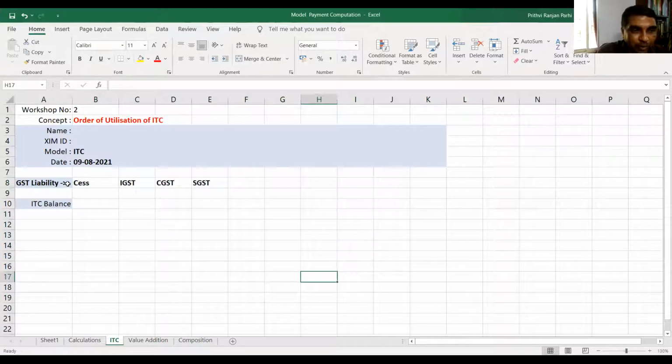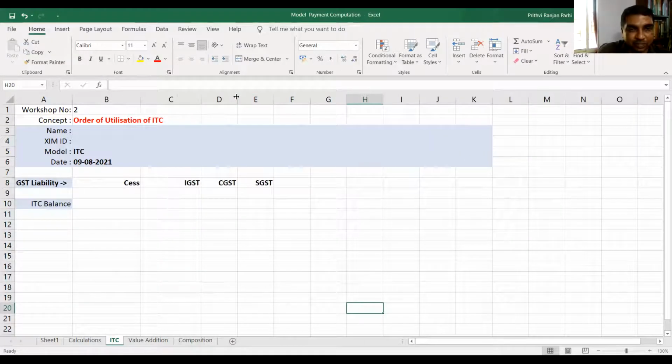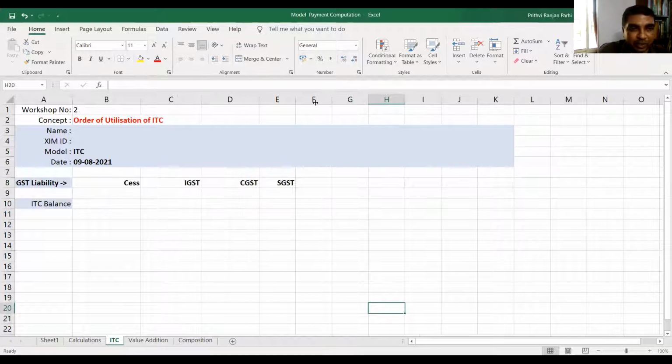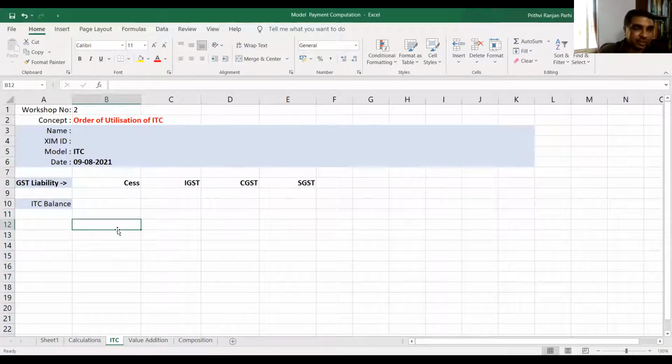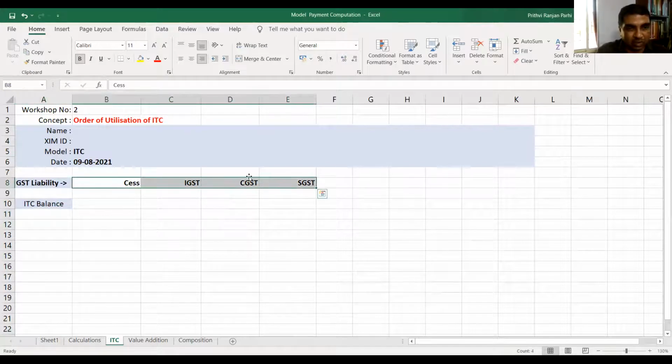So I am showing you, open a row in the name of sales, IGST, CGST. We'll be writing different amounts of GST liability here, and we'll be adjusting it so that we can use it as a model. Then we'll have this ITC balance.